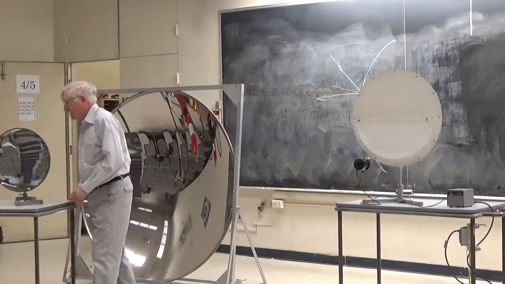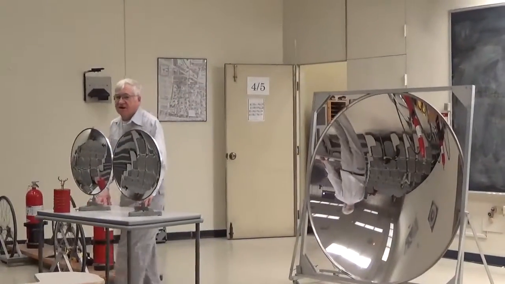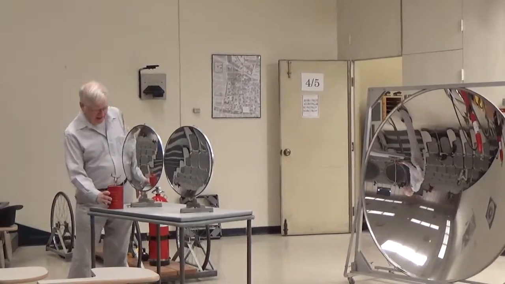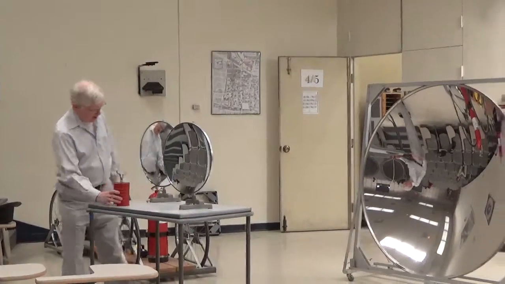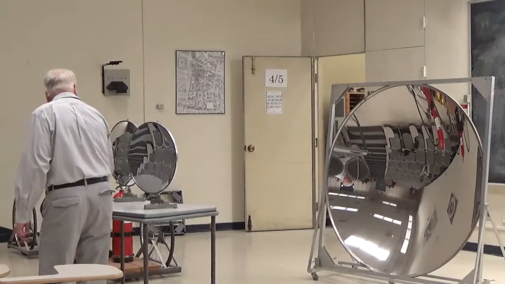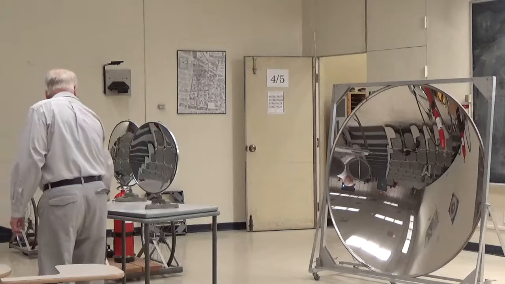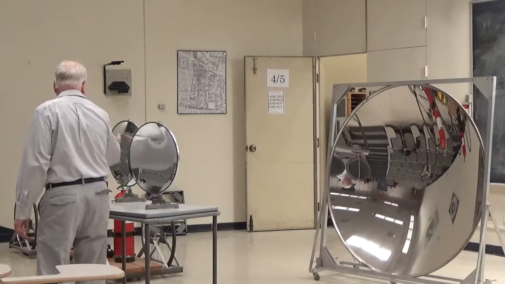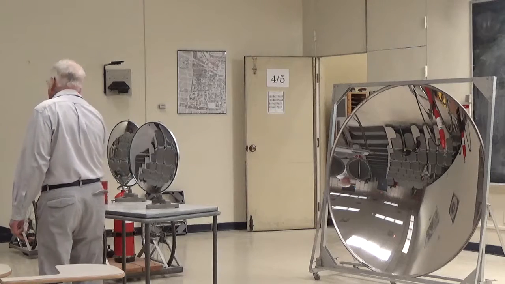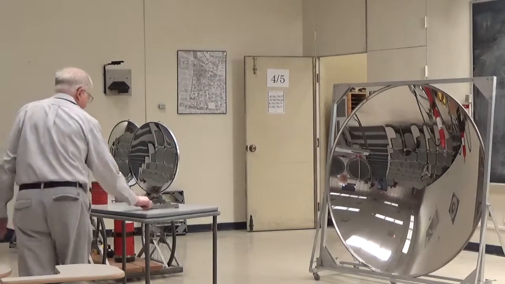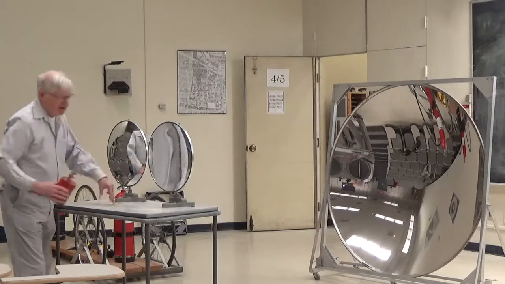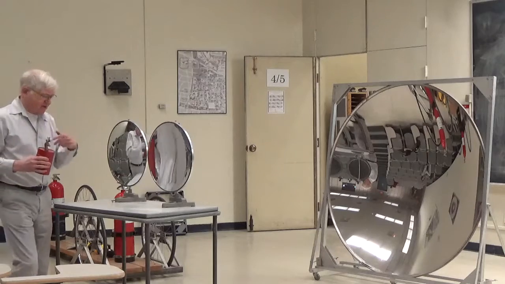Here we've got two mirrors. One is convex, one is concave, and as I said, basically light from here hits the mirror and then goes out, and the angle of incidence is equal to the angle of reflection.